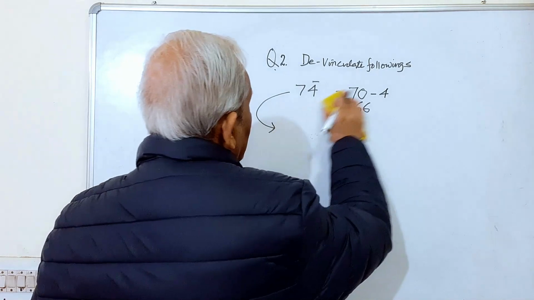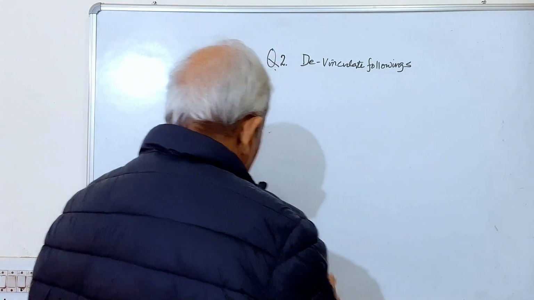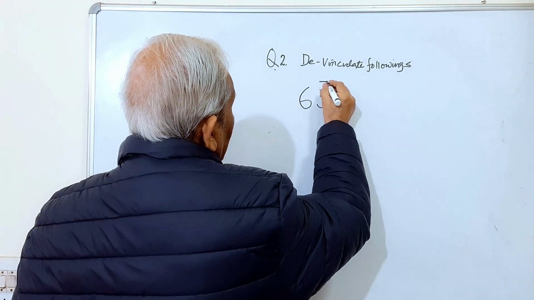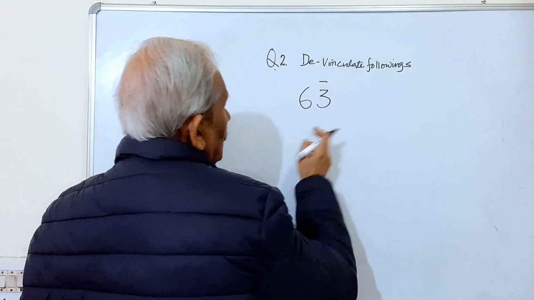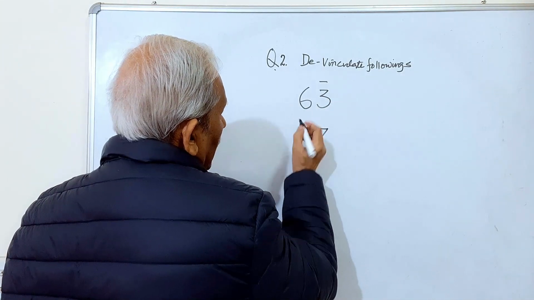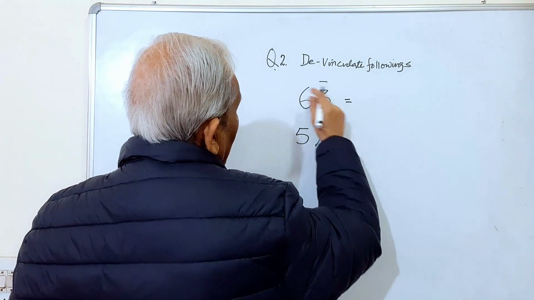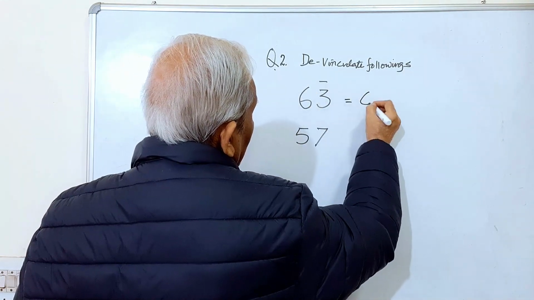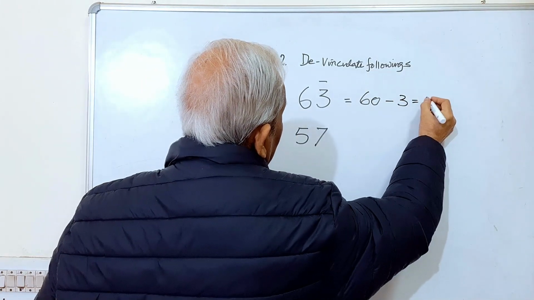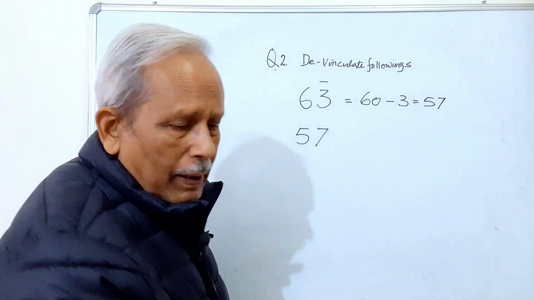So let us do the next sum. 63 bar. So as I told you, 10 minus 3 is 7. Reduce this by 1, so it makes 5. So the answer is 57. Otherwise, this means 60 minus 3, and 60 minus 3 is 57. So there is no doubt things are correct, right?